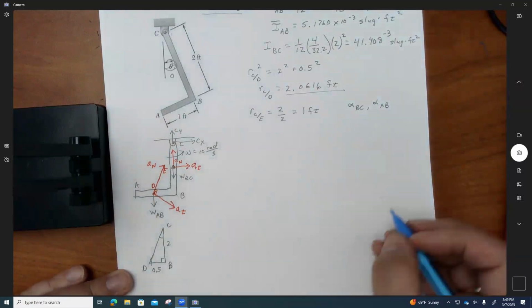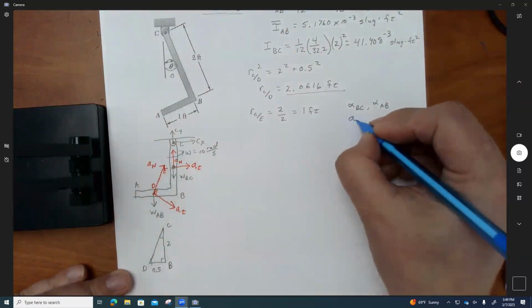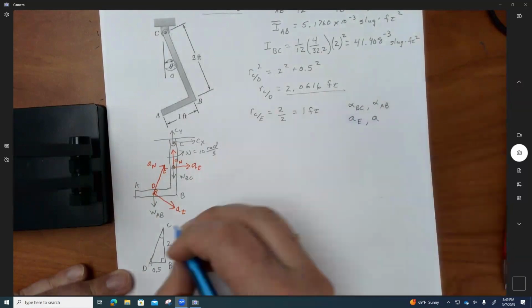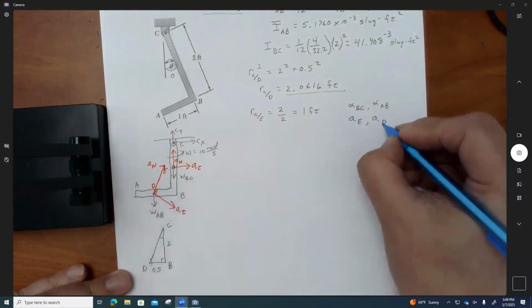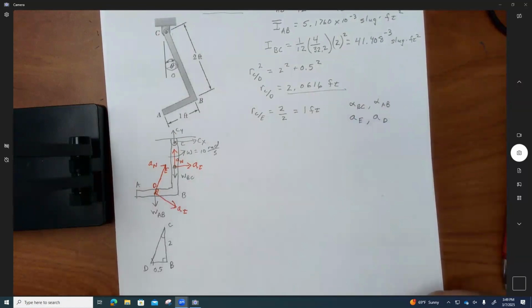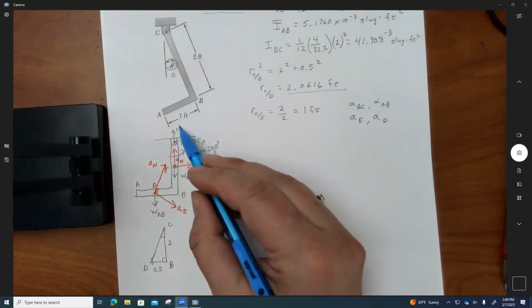So we're going to find the acceleration at the center of mass for E and the acceleration of the center of mass at D. And if we are able to find all of those acceleration components, we will be able to sum forces and build an equation to solve for what Cy and Cx is.